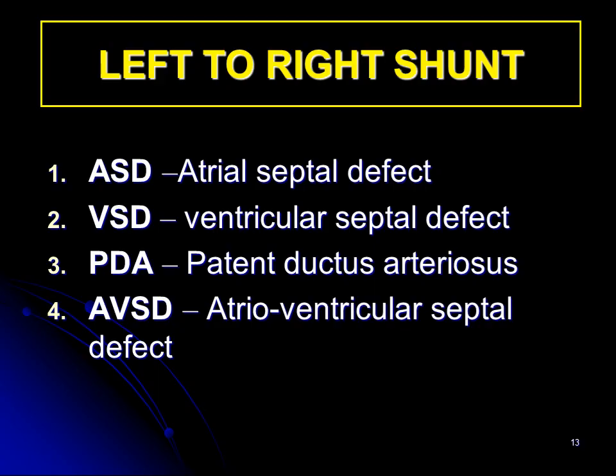In atrial septal defect, there is a communication between both atrial chambers, which allows blood to be diverted from the left atrium to the right atrium. In ventricular septal defect, there is a communication between two ventricular chambers which allows blood to be shunted or diverted from the left side of the heart to the right side of the heart.